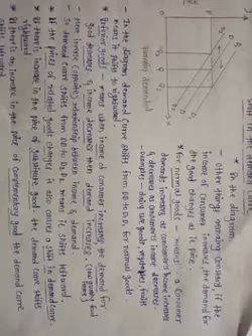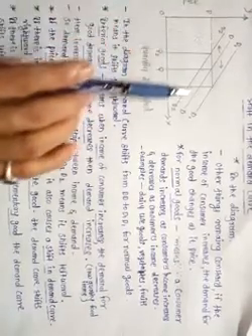When the price of a good increases, the demand for its complementary good decreases. So the demand curve shifts leftward. Why does it shift leftward? Because when the price of the good increases, the demand for its complementary good decreases. So the demand curve shifts leftward.